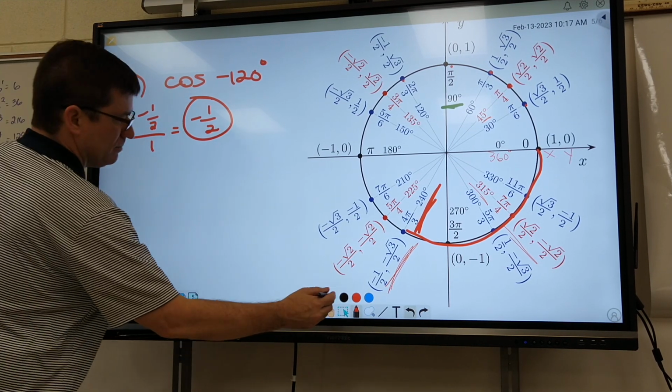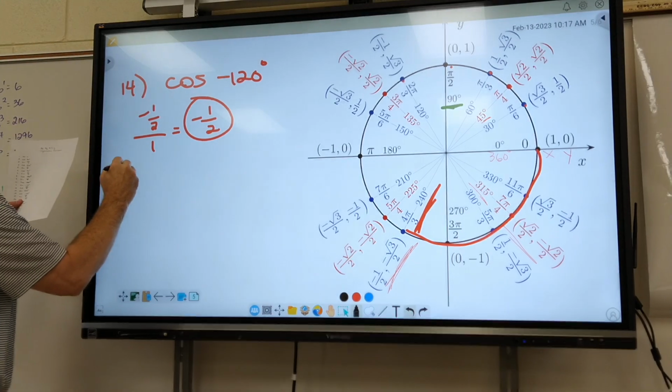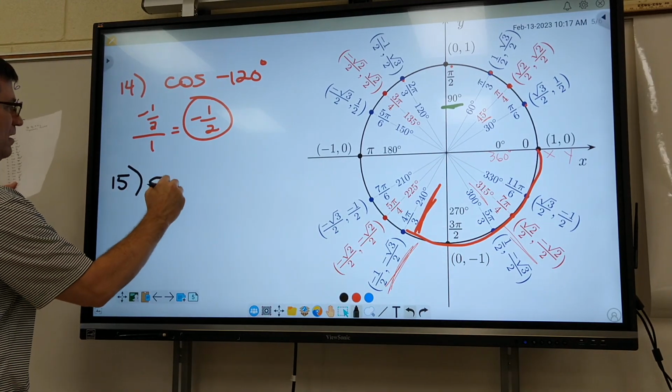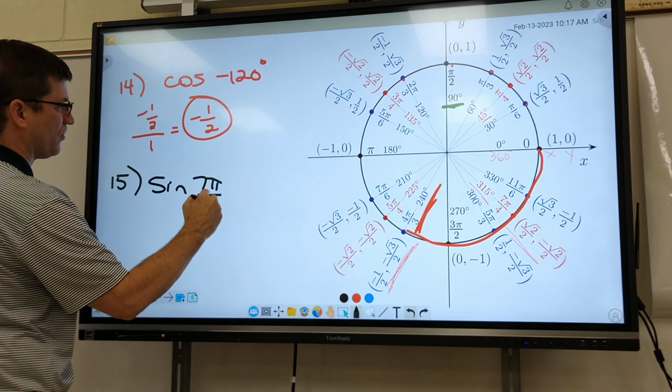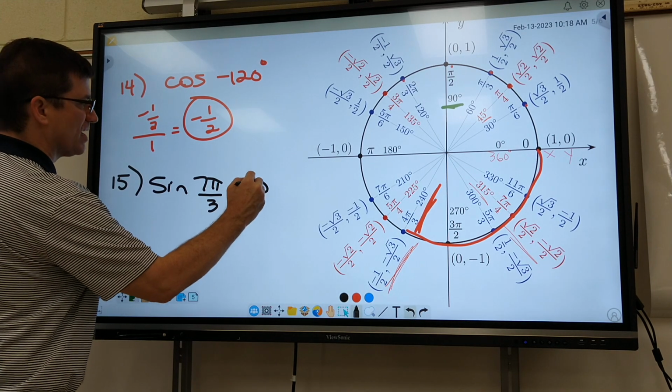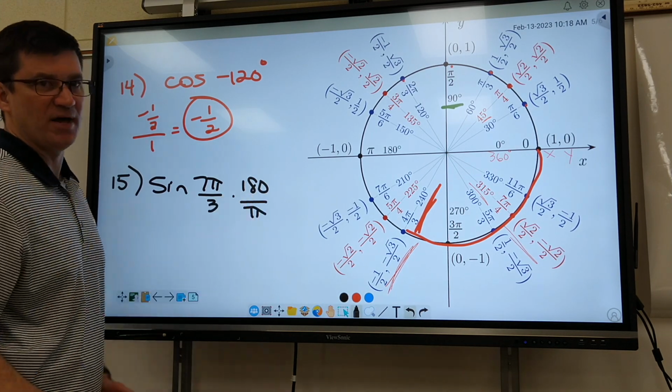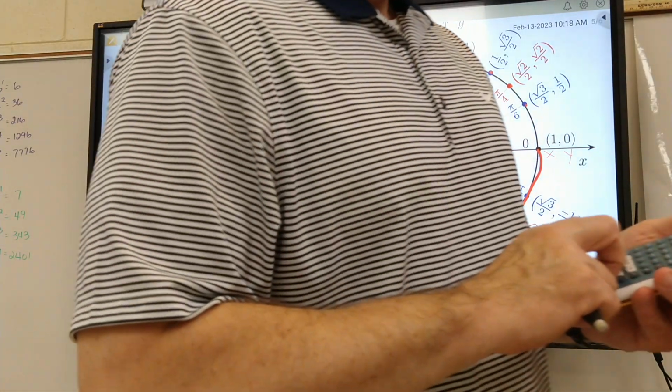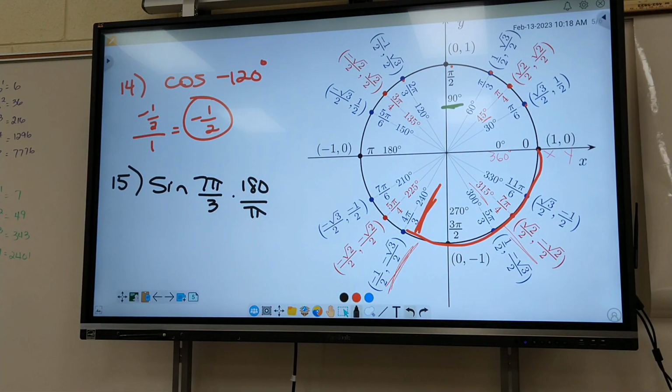All right, 15. We got sine of 7 pi over 3. All right, it's not on the circle anywhere. What do we have to times it by? 180 over pi, just like we did a minute ago. All right, do that first. 7 pi over 3 times 180 over pi.